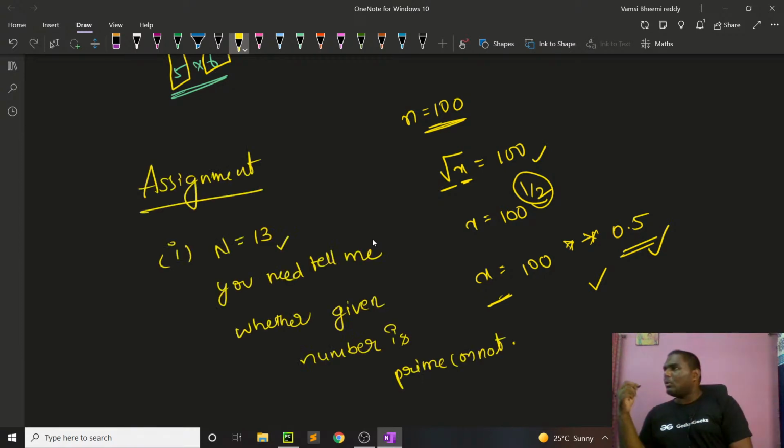So you guys know what a prime number is, right? A prime number is one whose count of divisors is equal to 2. Now you guys know how to find the divisors. So just try this program to check whether a given number is prime or not. So your job is done.